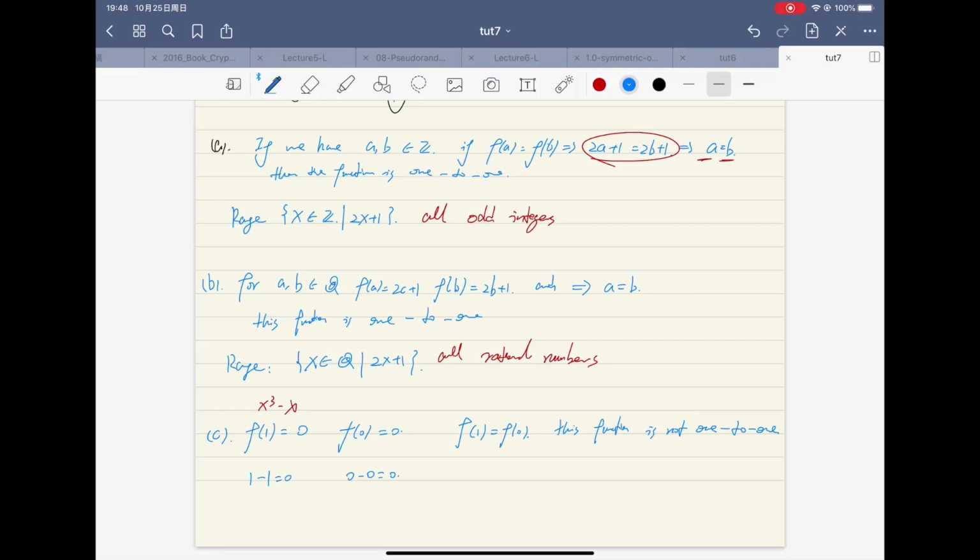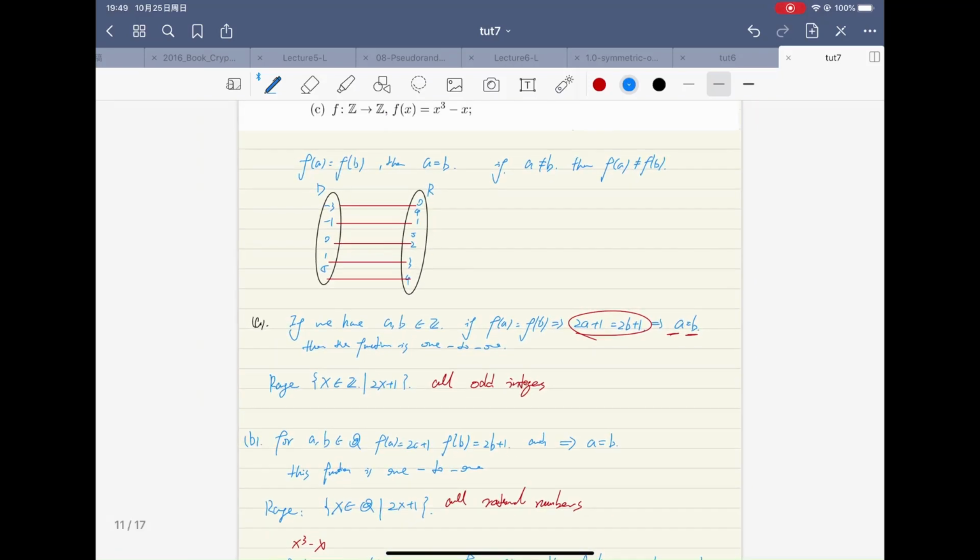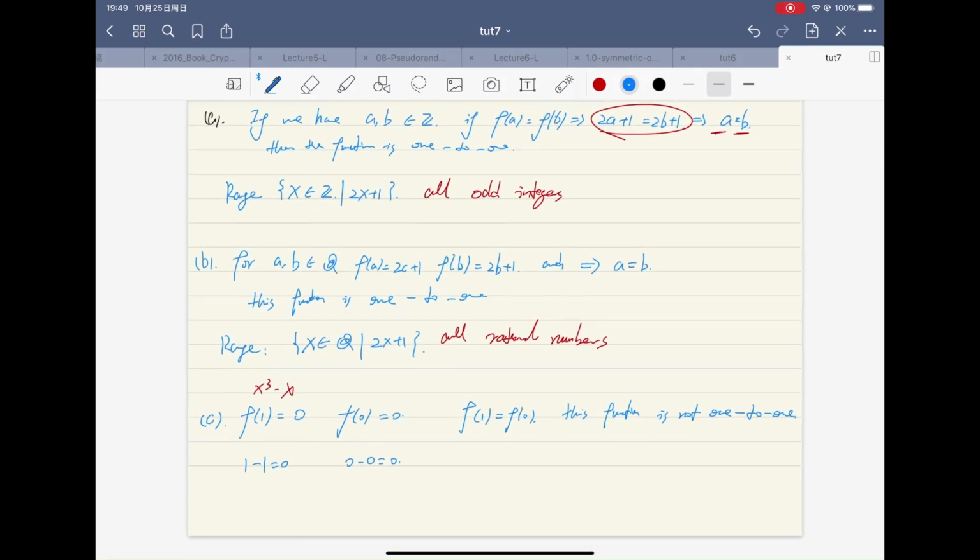So f(a) equals f(b), but a does not equal b, yet f(a) equals f(b). Yeah, so the function is not a one-to-one function.